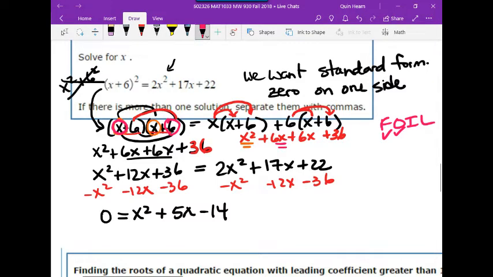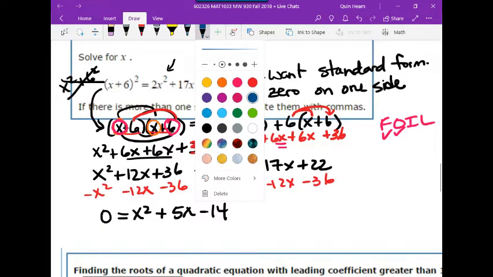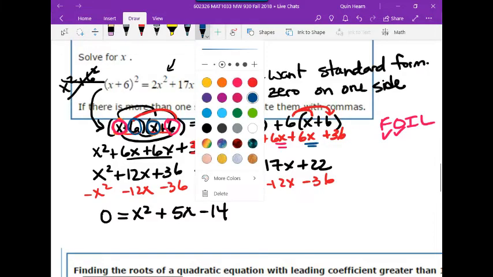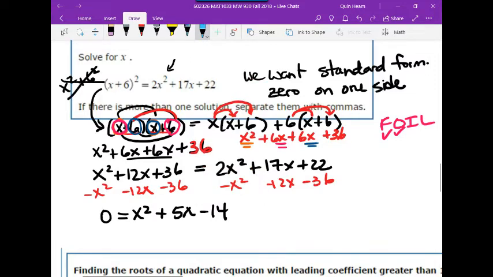Inner times inner refers to the two inner terms, this 6 and this x, so 6x again. And then last times last, oh, we did inner already. Last times last is going to be this 6 times this 6, which gives us the 36. So whether you think of it as a double distributing or you think of it as FOIL, either way, you're going to get 4 terms.